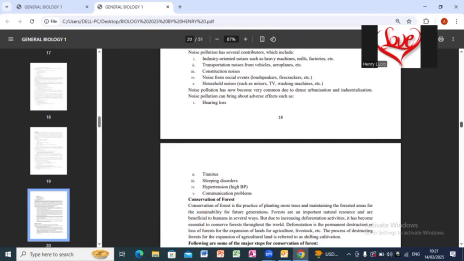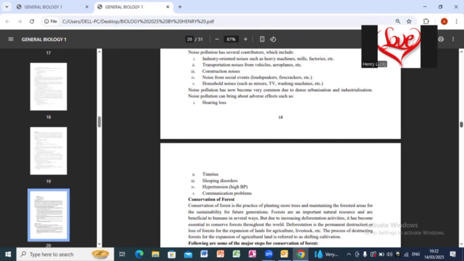So conservation is very, very important because when trees are being pulled down, that is deforestation, it will make organisms that have used that environment for habitat relocate. And when that happens, they might find themselves in an environment that is not conducive.